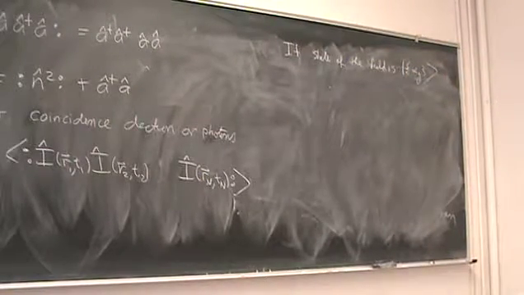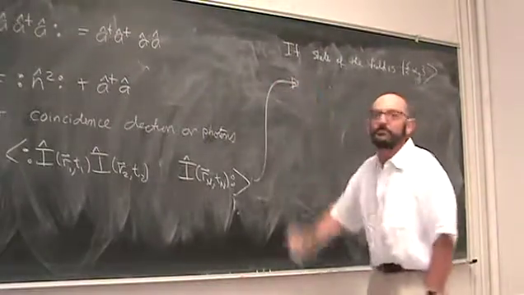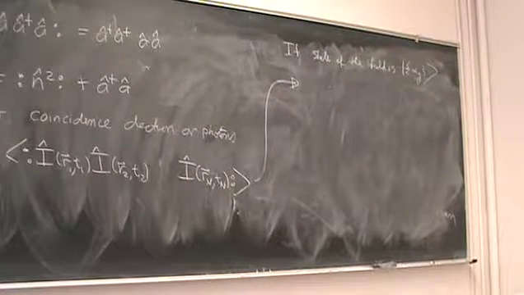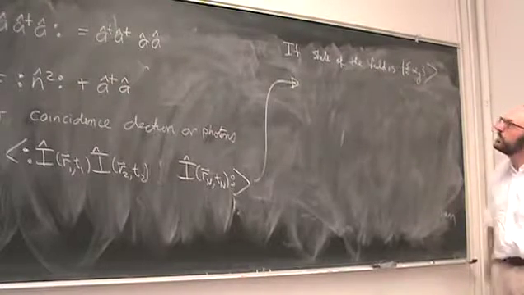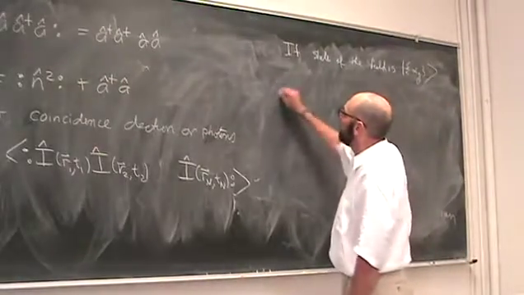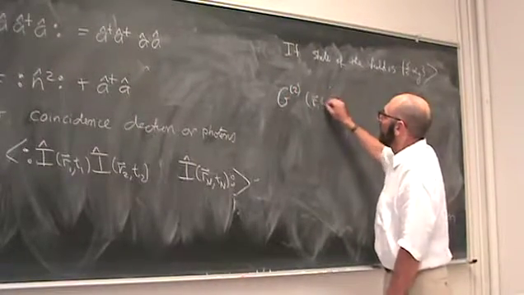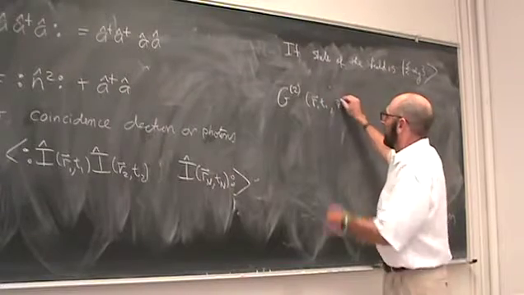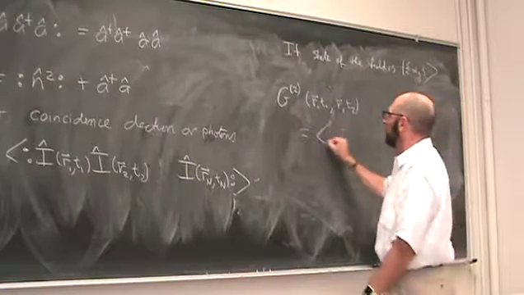And now I ask you, what is this equal to? Is it E minus 1 through n and E plus 1 through n? Yeah, exactly. So let's look at the particular case. Let's look at what's called the G2, R1, T1, R2, T2.